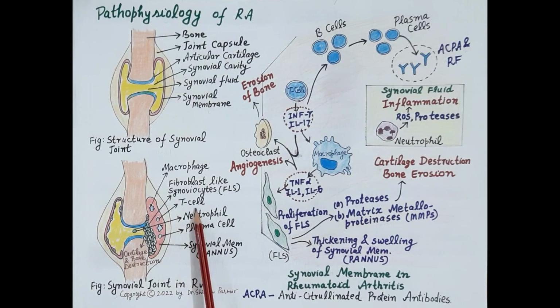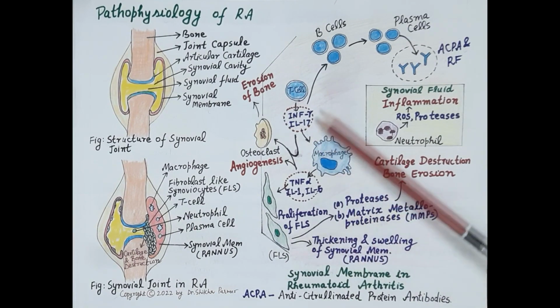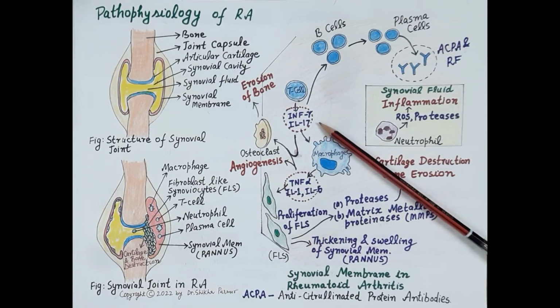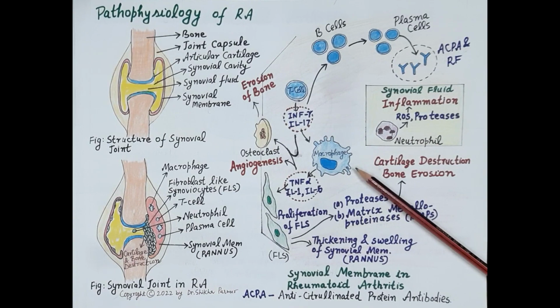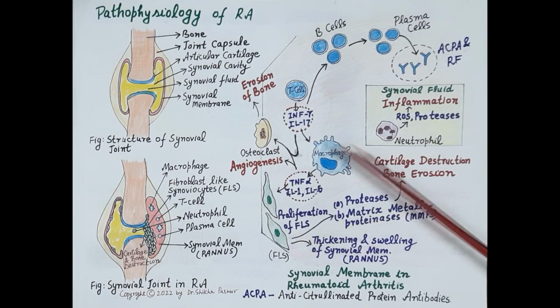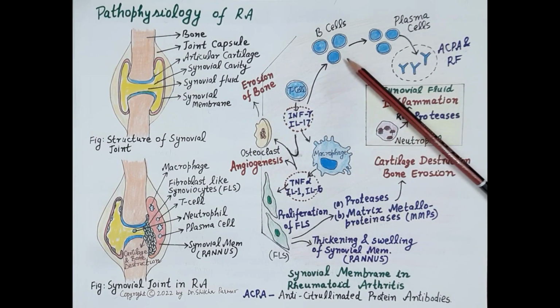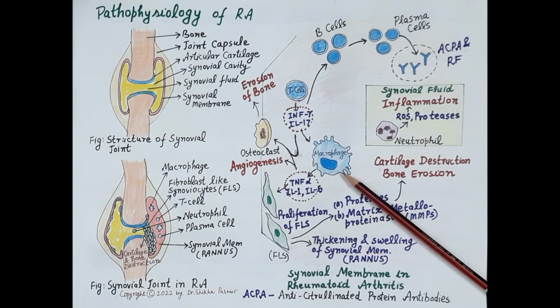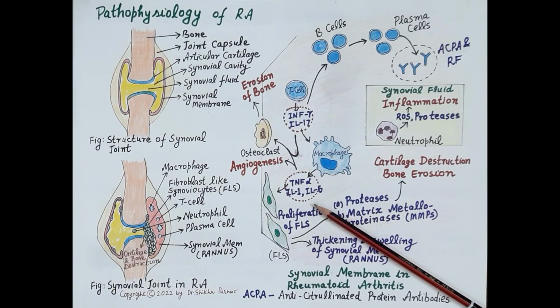Now activated T cells produce cytokines. So now look at this figure. These activated T cells produce cytokines, and these cytokines further activate macrophages, and these cytokines also activate B cells. Now activated macrophages produce cytokines like tumor necrosis factor alpha, interleukin 1, interleukin 6. These are the main cytokines produced by the macrophages.